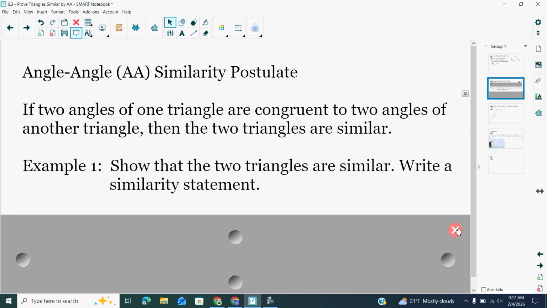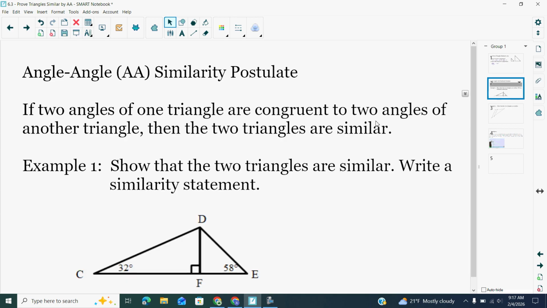So example 1 here asks us to show that those two triangles are similar to one another, and we are asked to write a similarity statement. We know that angle CFD is equal to 90 degrees.